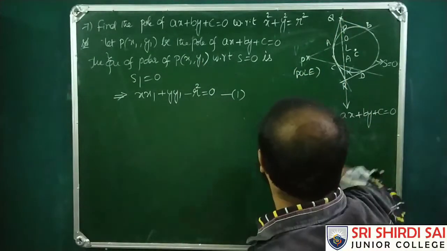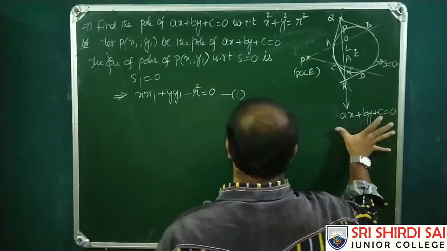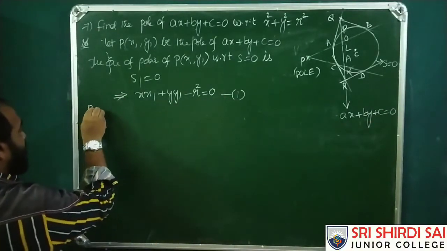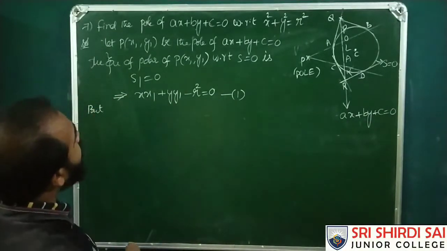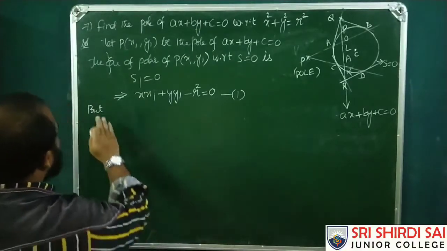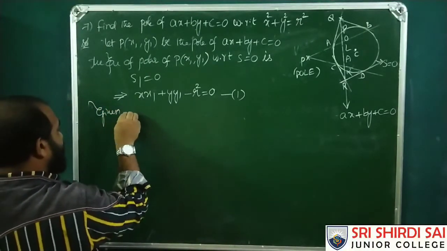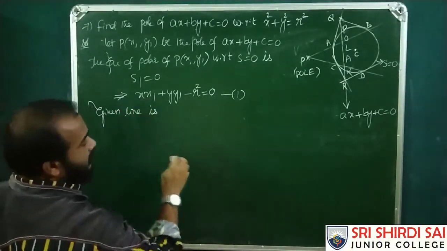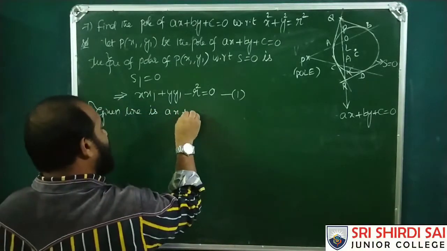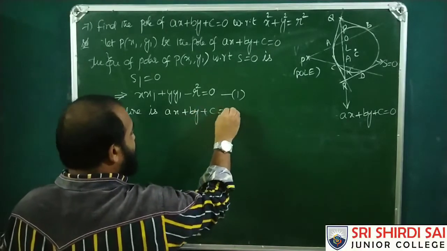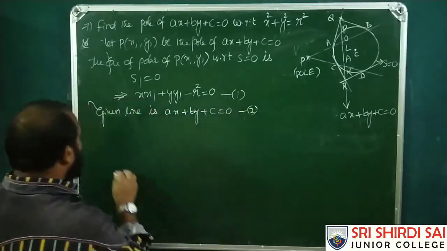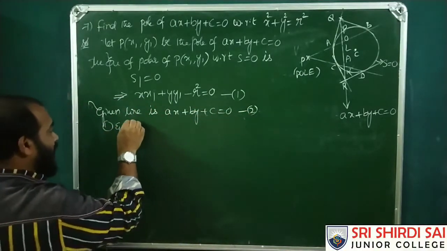According to the question, the given line is ax + by + c = 0. So equations 1 and 2 represent the same line.